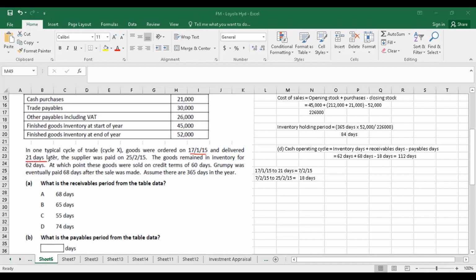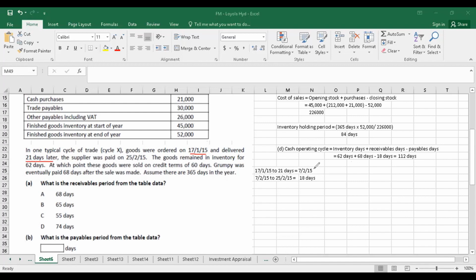So the count will start from this date onwards. If we are to find the payables days, this given date becomes irrelevant. So when would it start? It starts after 21 days, because that is the day when the goods were delivered. So we need to specifically arrive at that particular date. On which date does the 21st day fall has to be calculated first.